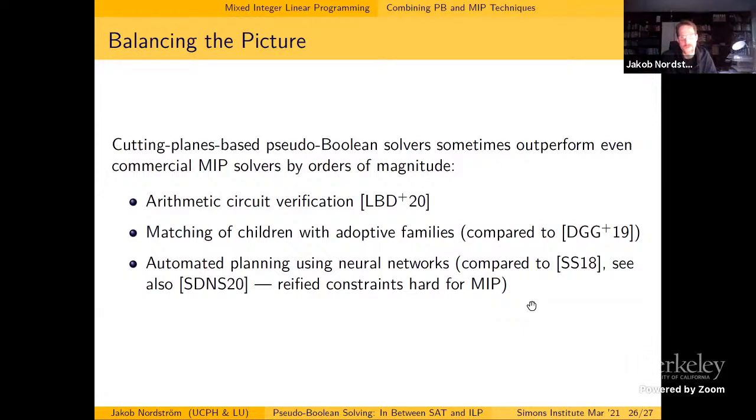The issue with those is you get a lot of reified constraints for the activation functions. Those are really killing MIP solvers, because when you relax them, they get very uninformative. But pseudo-Boolean solvers deal really nicely with these reified constraints. So again, we see just off the shelf an order of magnitude performance improvement compared to MIP.